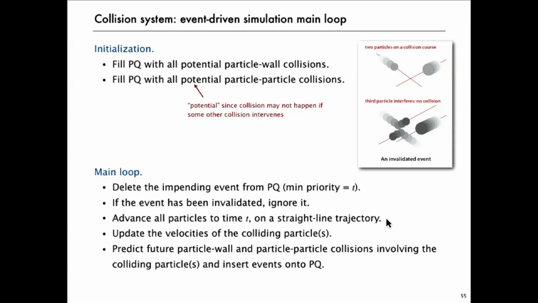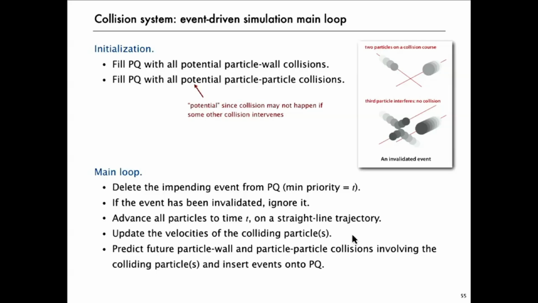Then we have to go through all the particles and change their positions on a straight line trajectory. Where would they be after that much time? Then we have to take the two particles that collide and change their velocities. They bounce off one another. Now those two particles' velocities have changed. Essentially that invalidates the future collisions involving those.